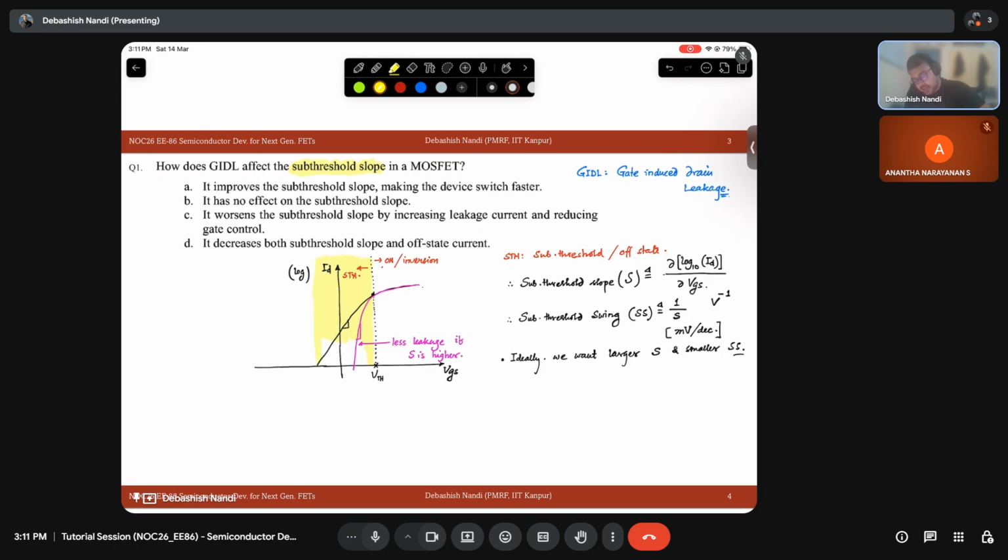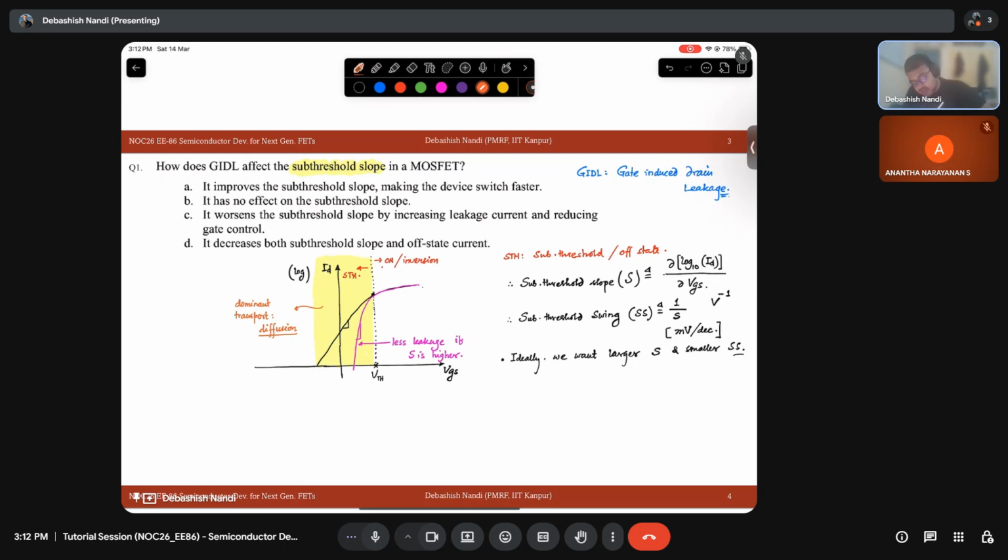Remember the dominant current in this region. What is the dominant current in this region? Dominant transport is diffusion. Dominant current in subthreshold is diffusion and dominant current in inversion is drift.